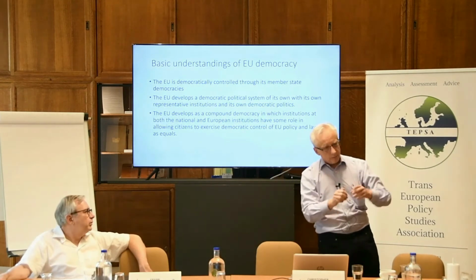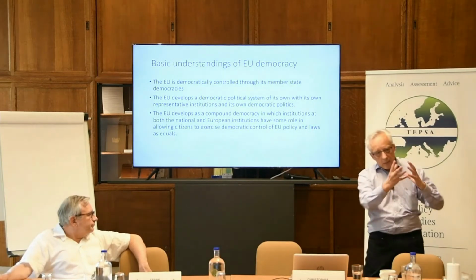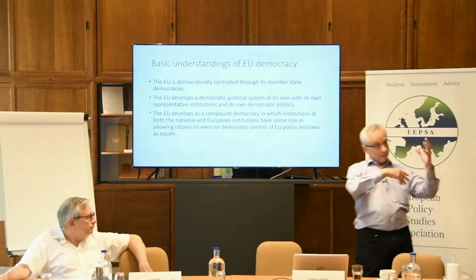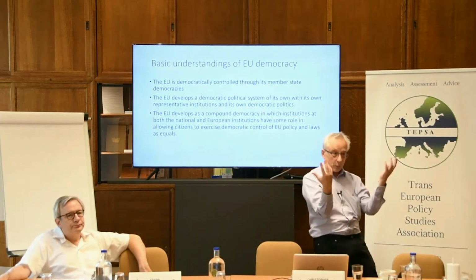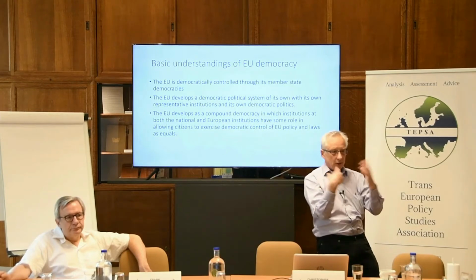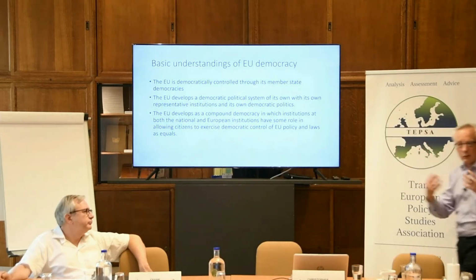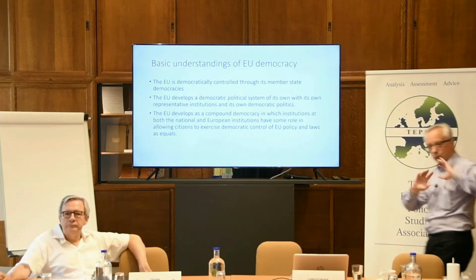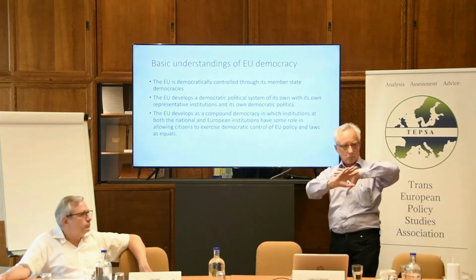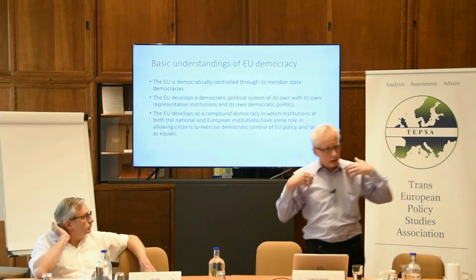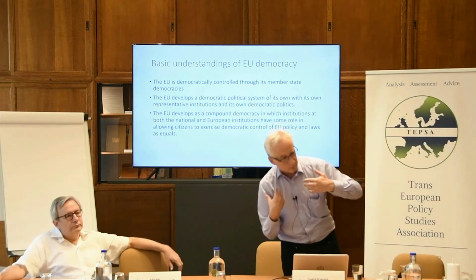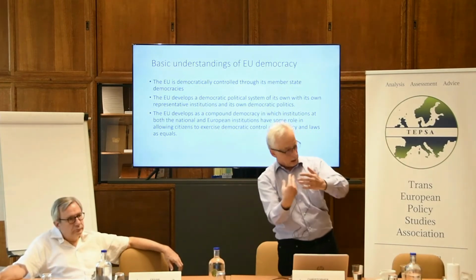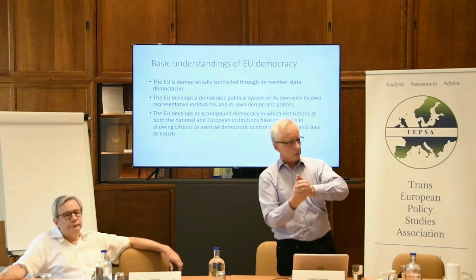A further problem is that the Parliament has limited powers over the appointment of the Commission, which is the executive body. So it's difficult to argue that there is a complete system of public control. Remember, public control is the very first part of my definition. It's difficult to argue that there is a complete system of public control delivered through the right of each EU citizen to vote in European elections.